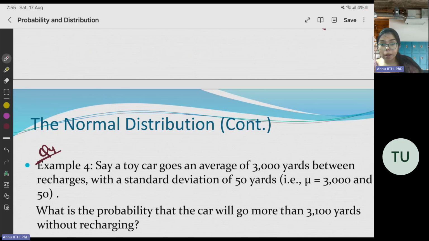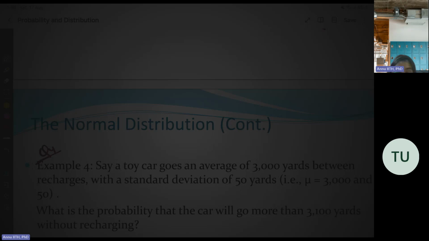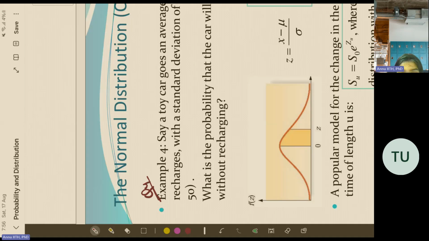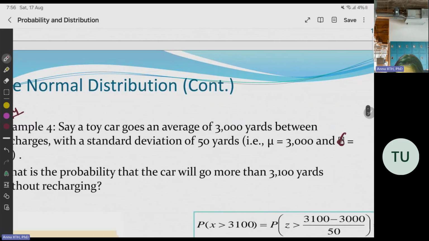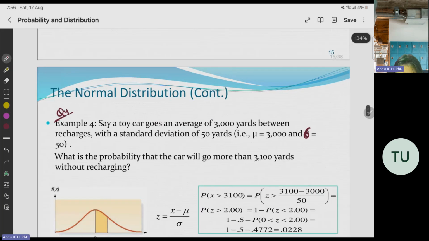A toy car goes an average of 3,000 yards between recharges with a standard deviation of 50 yards. That is, mu is equal to 3,000, and the standard deviation sigma is 50.